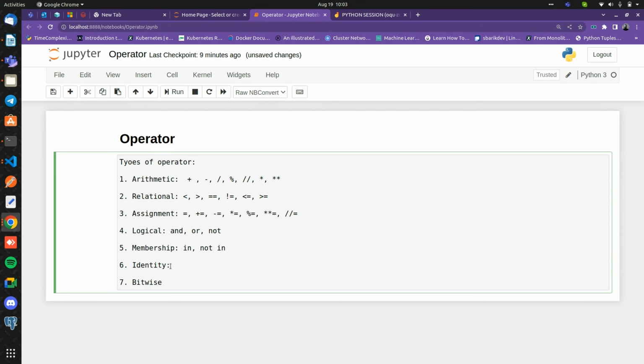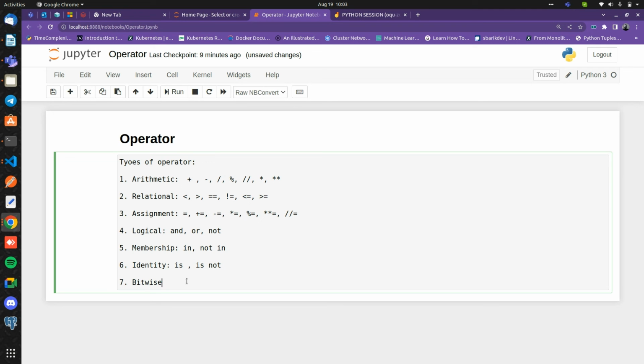The identity operators are is and is not. Where we use is, it means true if both values are the same. And is not means true if both values are not the same. That's why we use is not.